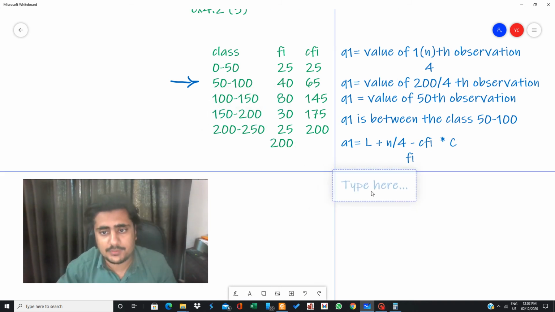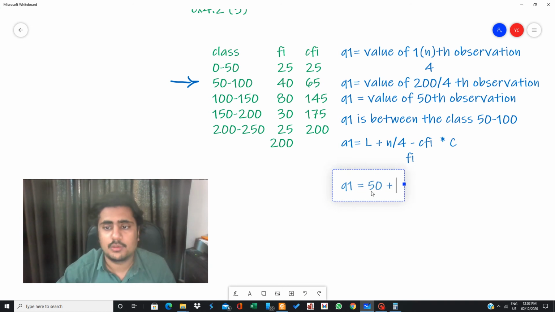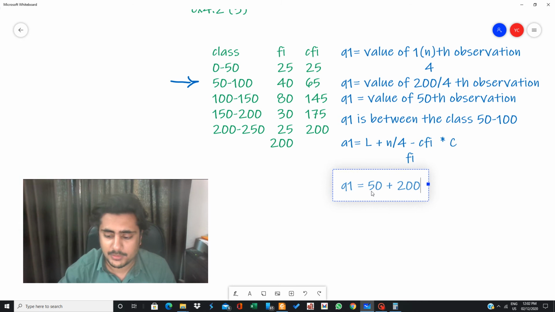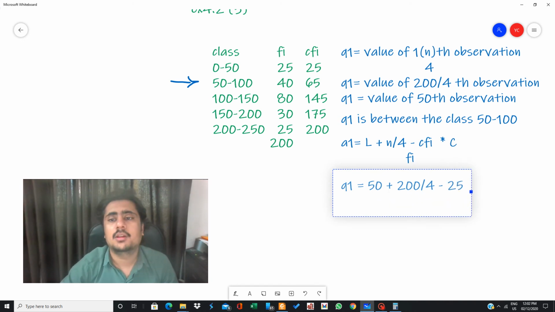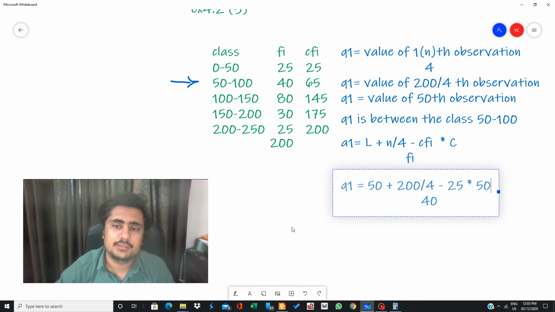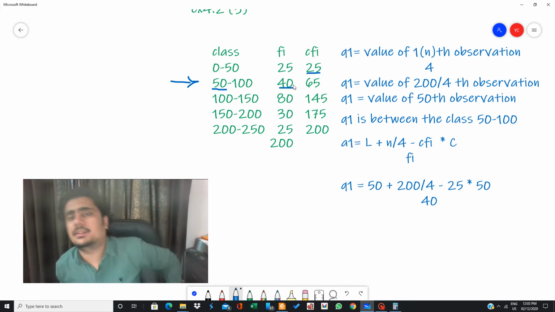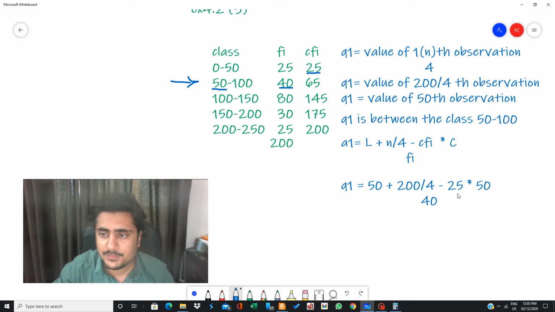So to solve the sum, L stands for lower boundary, n by 4 is 200 by 4, minus CFI, the cumulative frequency of the previous class, divided by frequency of the same class, and the class length is 50.